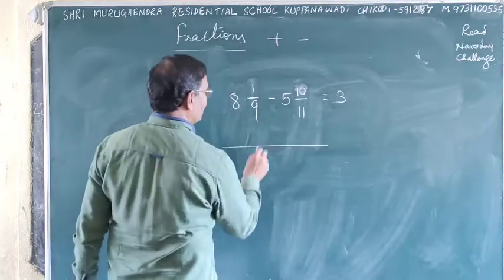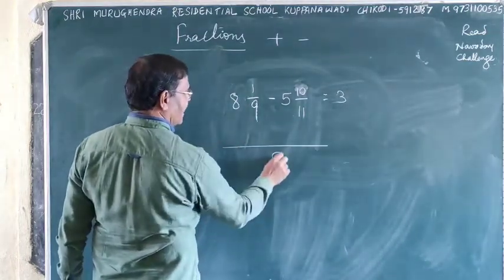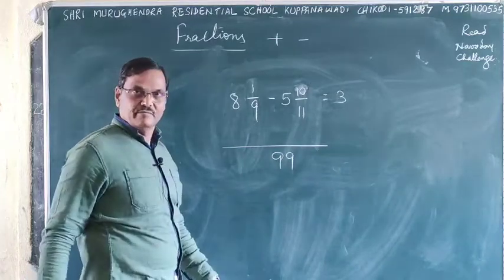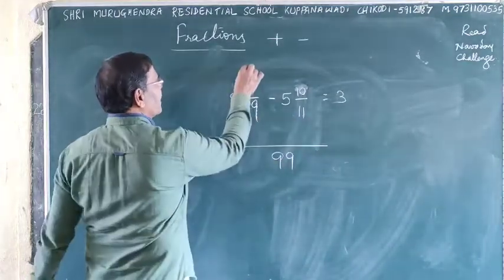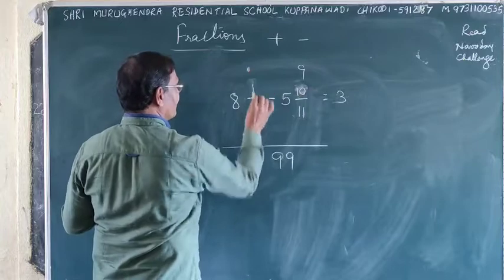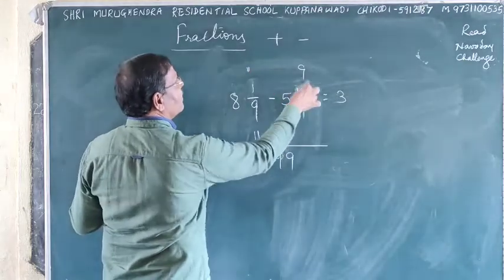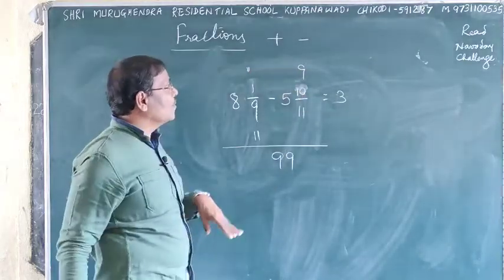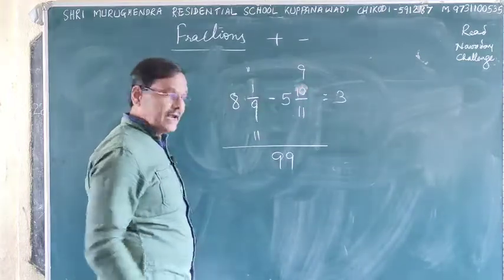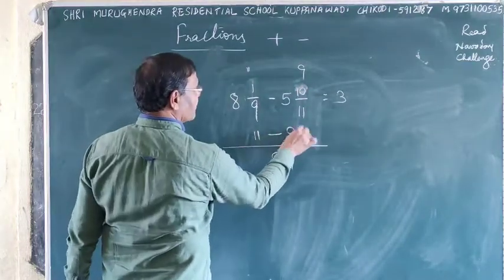You are reducing. 99 is the LCM because they are co-prime numbers. 9 11s are 99, 11 9s are 99, 1 11 is 11. This is 10 9s are 90.